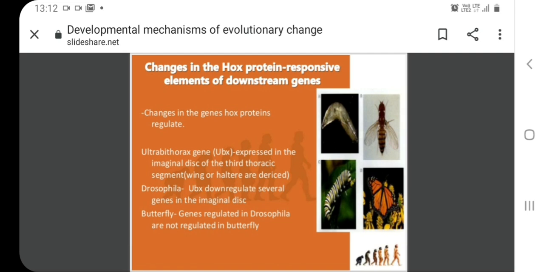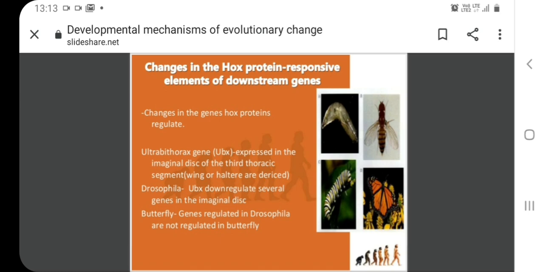That is, in Drosophila, the product of the UBX gene downregulates, or we can say suppresses, several genes in the imaginal disc. Therefore, only one pair of wings is present in Drosophila, and the third thoracic segment has a vestigial wing that we call halteres, which help in balancing the insect.